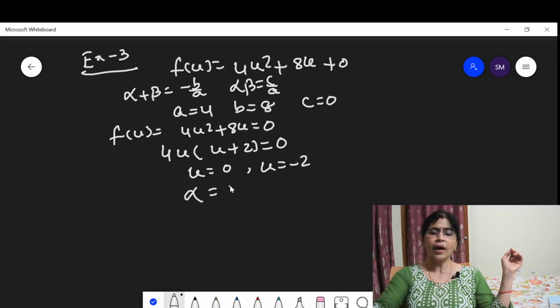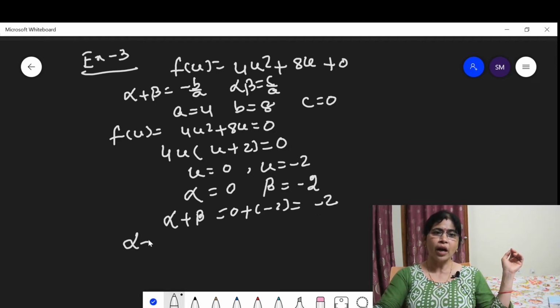This means here alpha is equal to 0 and beta is equal to minus 2. Then applying alpha plus beta is equal to 0 plus minus 2, which is equal to minus 2, and we know that alpha plus beta is equal to minus b upon a.